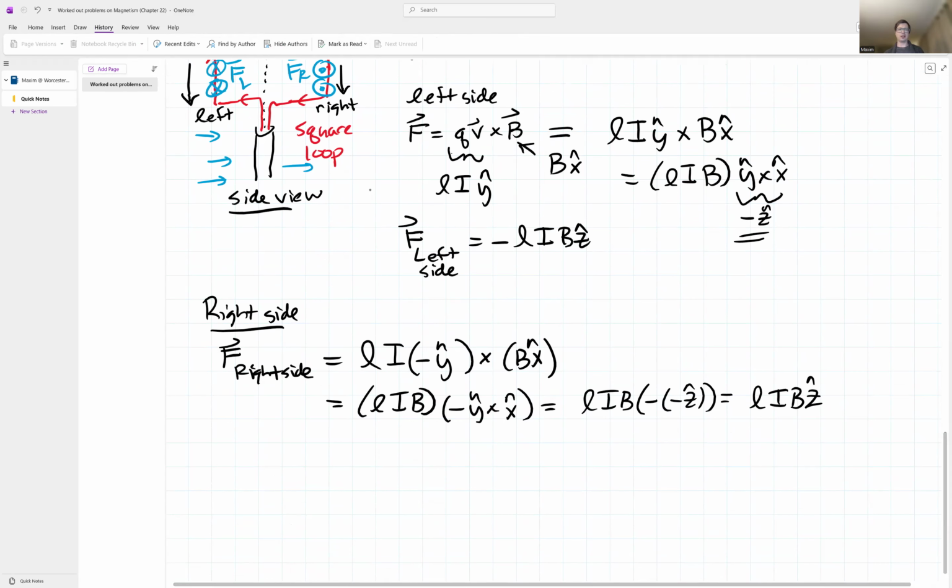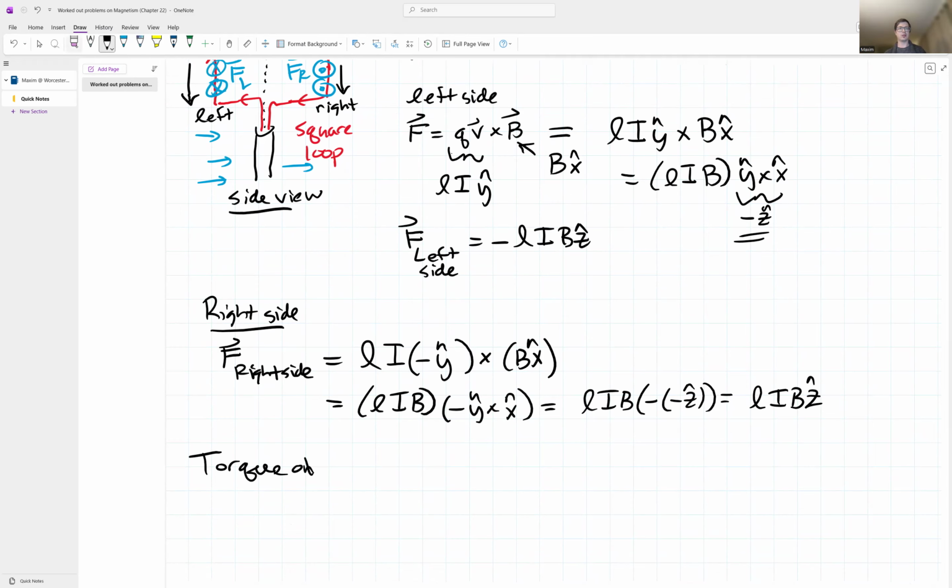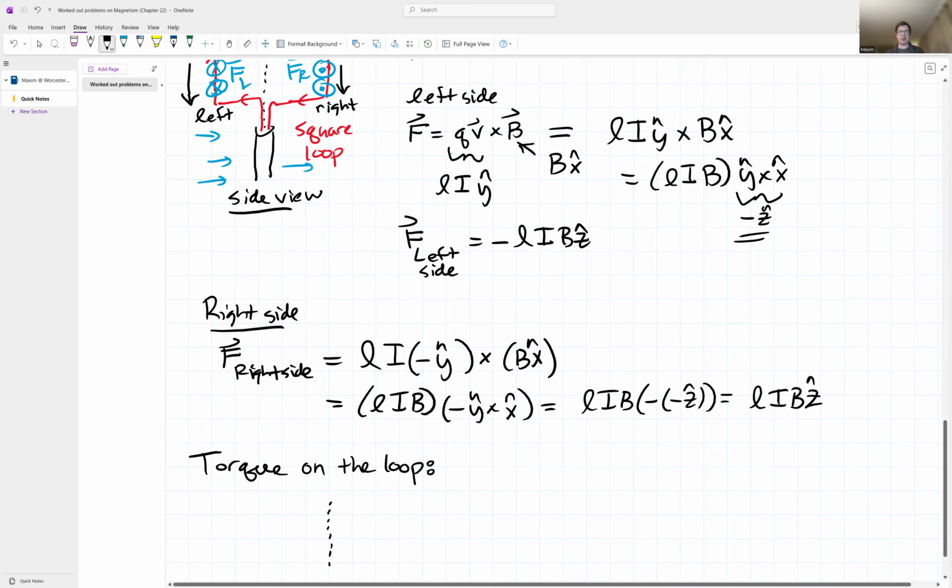So what is the torque on the loop? We've got the center of rotation here. This is the axis of rotation.